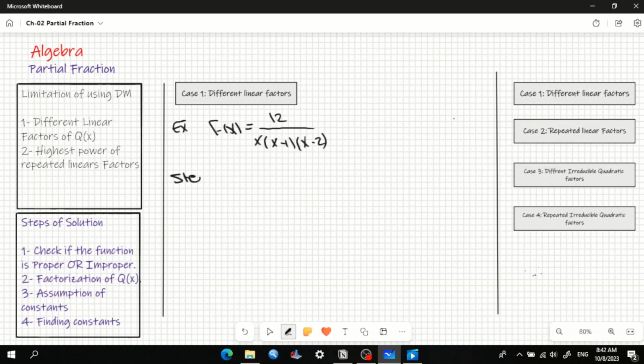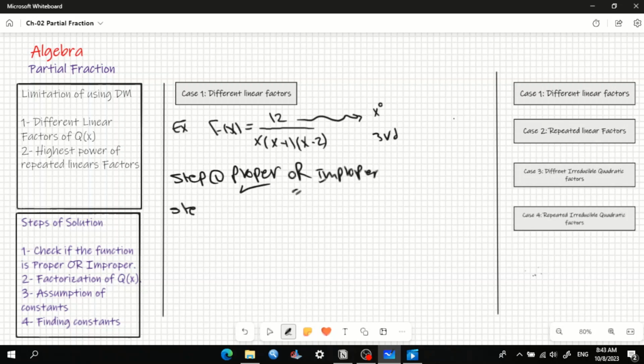Step 1, proper or improper. Here we have a free term, so we have x to the power 0, degree 0, and here we have third degree. So we have a proper function.